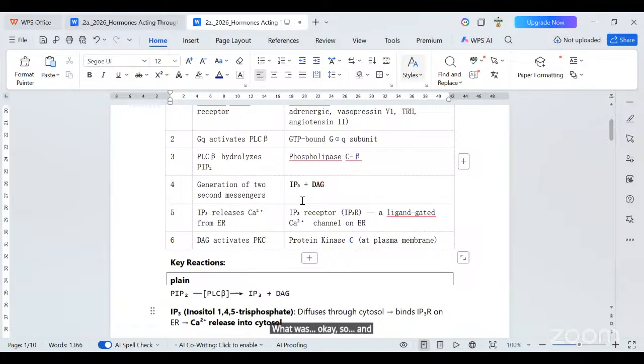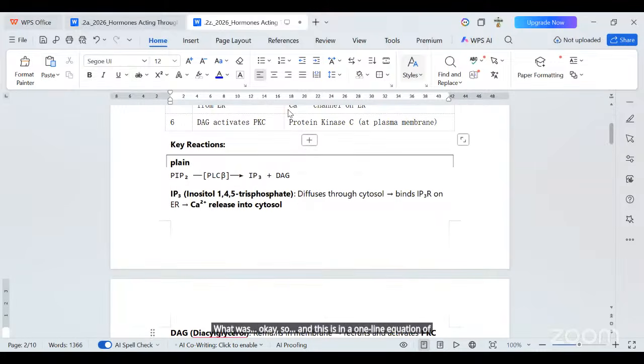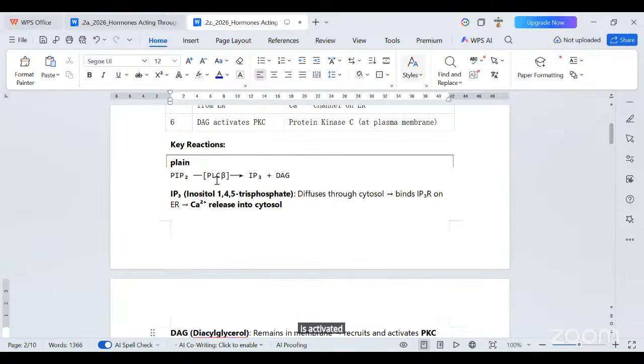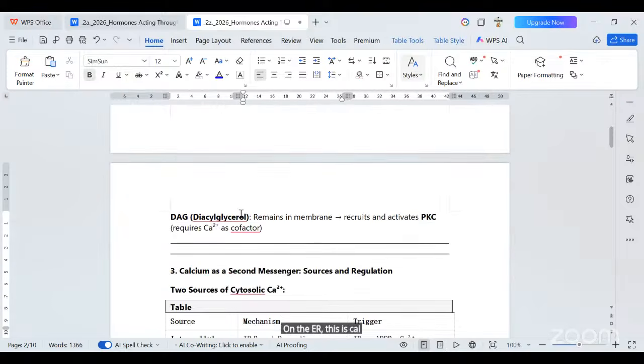And this is a one-line equation of how it is released. PIP2 is activated to PLC beta. PLC beta releases IP and DAG. And this IP now diffuses through the cytosol, binds to IP3R on the ER, and releases calcium into the cytosol. I'm just summarizing.